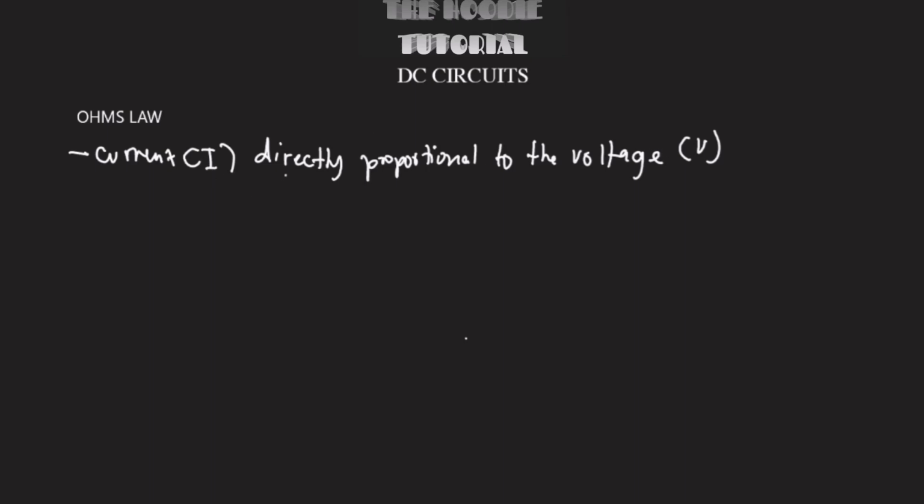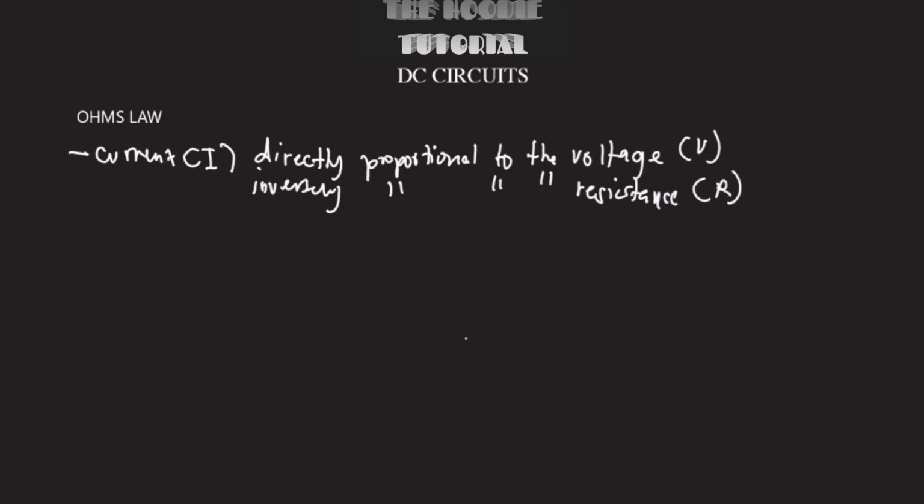And then the current I is also inversely proportional to the resistance, which is represented by capital letter R in a circuit. So basically, this is the statement of Ohm's law.